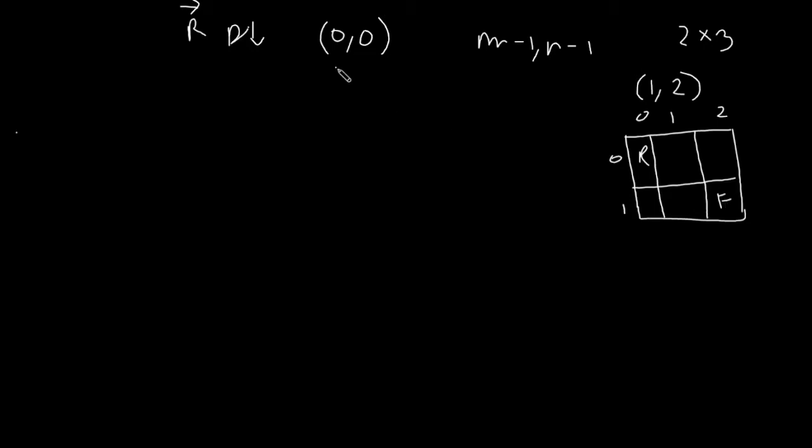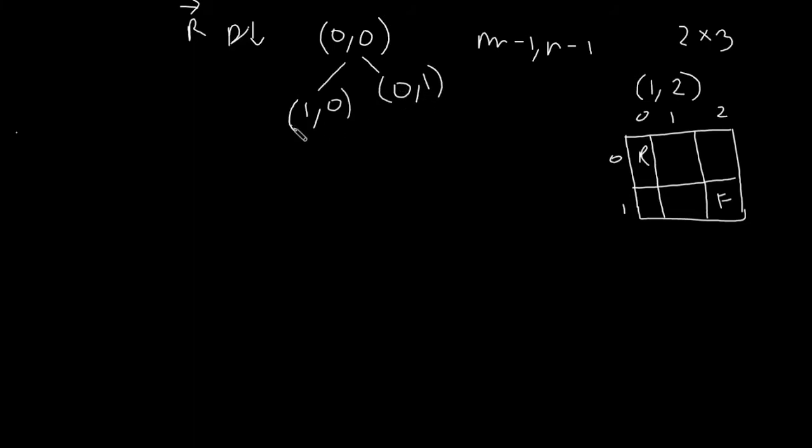Now currently our robot is starting from 0, 0, so it can go down. If it goes down, it will be in position 1, 0. But if it goes right, it will go to position 0, 1.